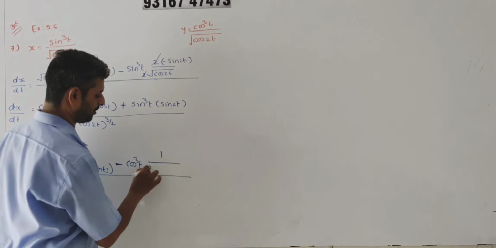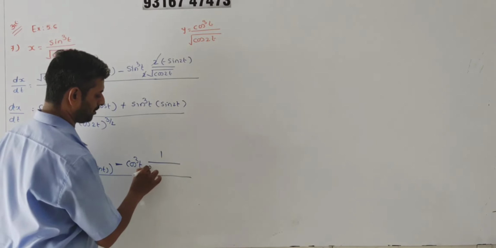Now we have to find dy by dx. So we have to write it in such a way like this. So dy by dx: in the numerator I have to write dy by dt, so minus 3 cos square t sin t cos 2t plus sin 2t cos cube t.